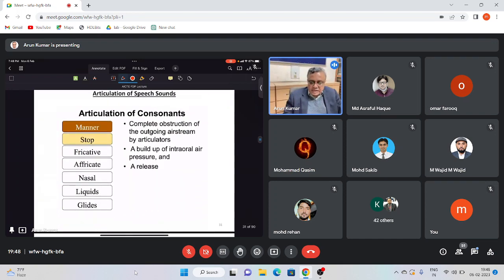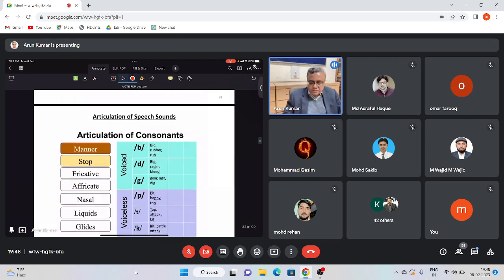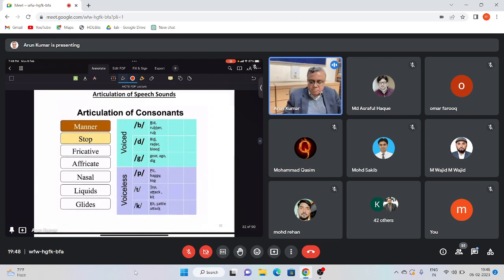So let's first look at stop consonants, also called plosive sounds. These are created by completely closing the airstream, building up pressure behind the closure, and then a sudden release of sound. For example, b, d, g, p, t, k.